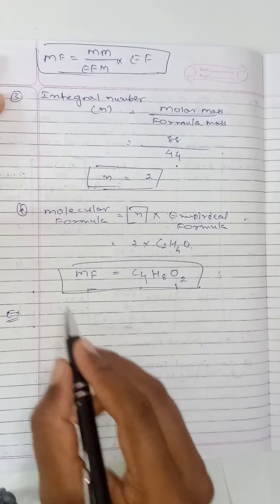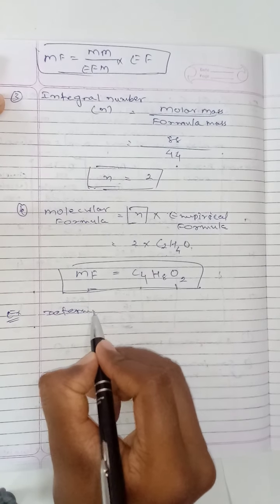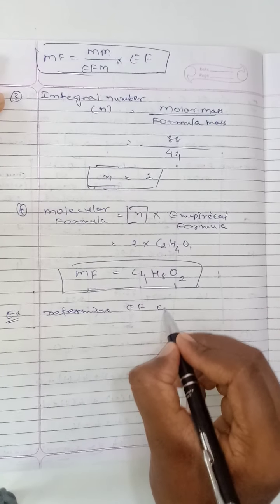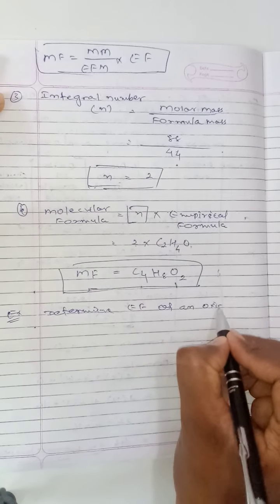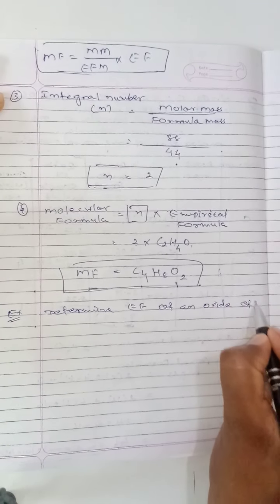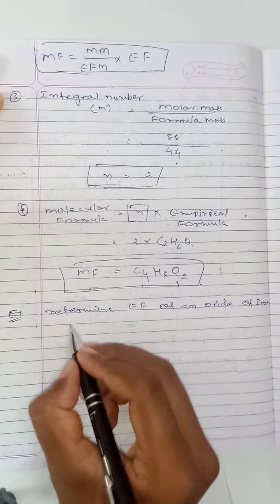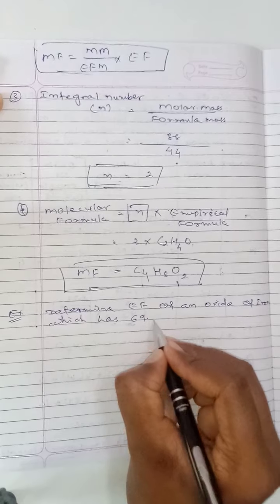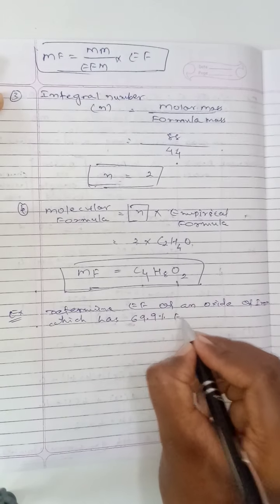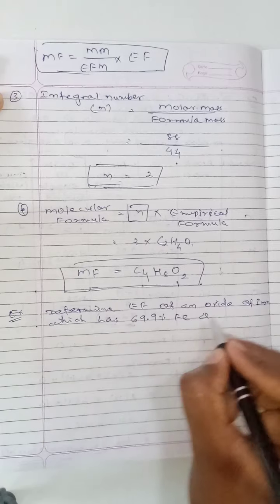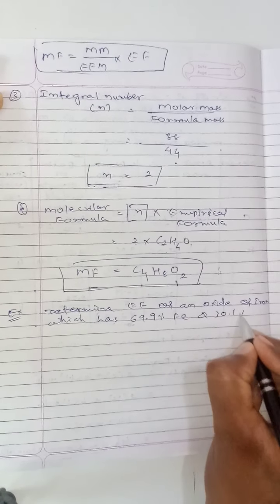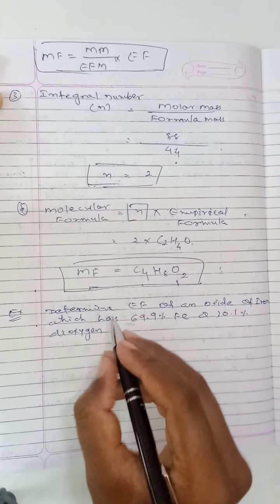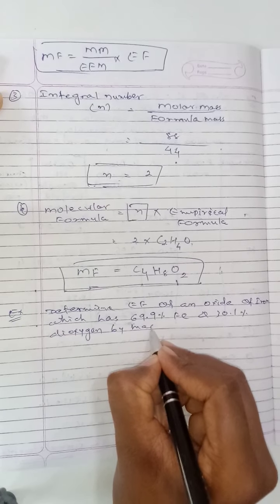Let's see another example. Determine empirical formula of an oxide of iron which has 69.9% Fe and 30.1% dioxygen by mass.